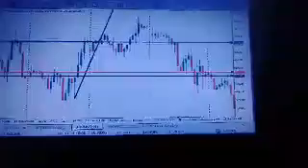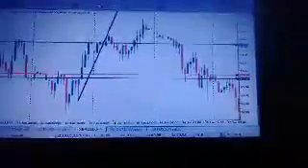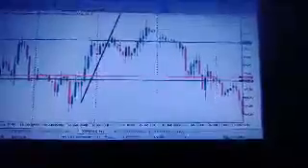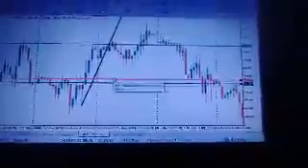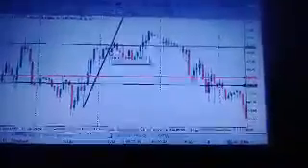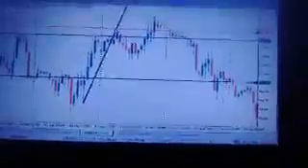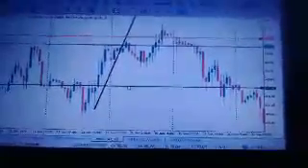So let's say you are entering a sell, and you're going to enter somewhere within these points. Your stop loss will be above the trend line, above these levels here.